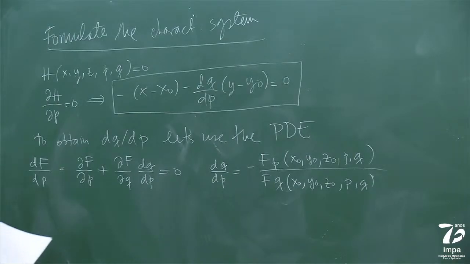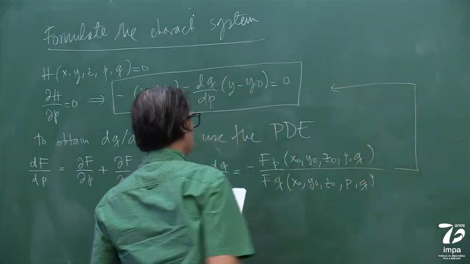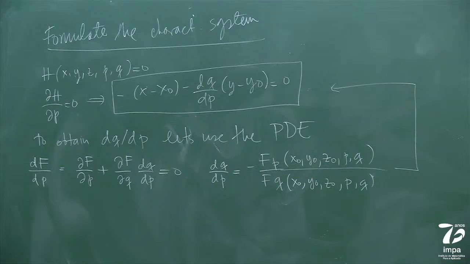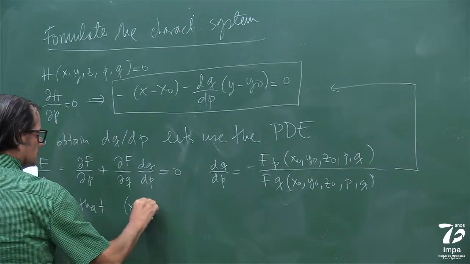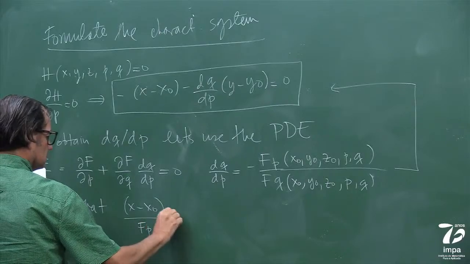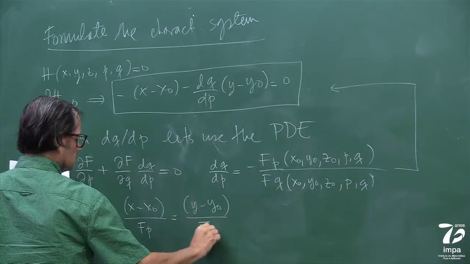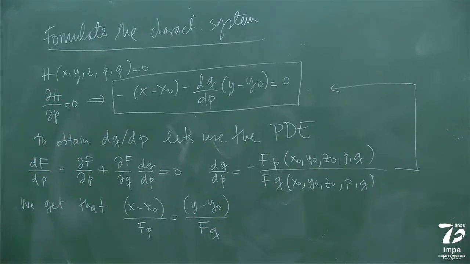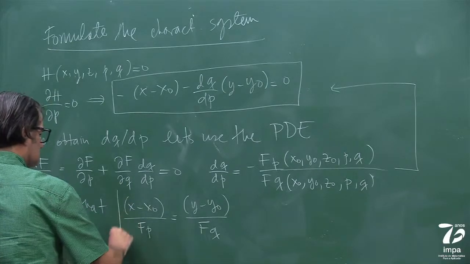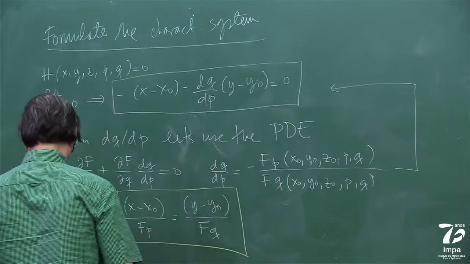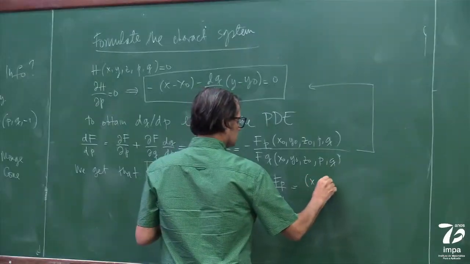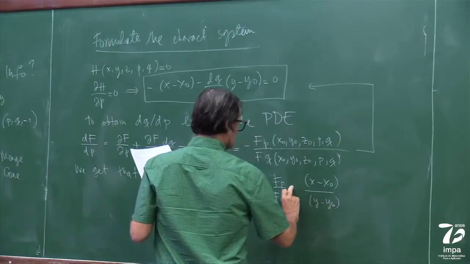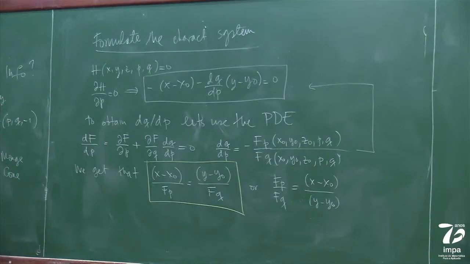So if we substitute in the envelope condition, that's the condition for the envelope, we get, let me skip one step because it's simple, we get that, and let me highlight this because this is important, F_p over F_q.